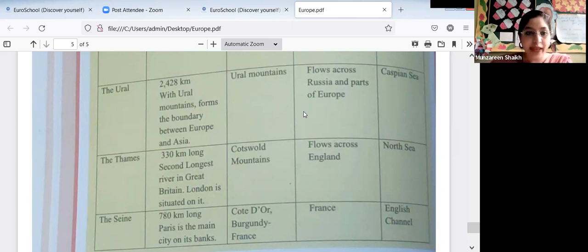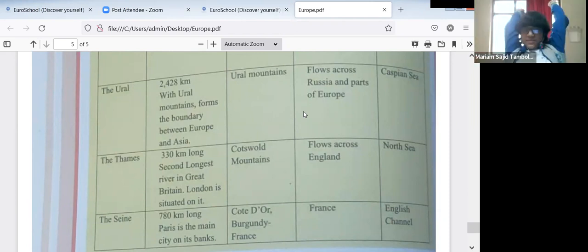And if you get a question to write a short note, for example on the river Ural, or the previous rivers which we had done, you can include all these 5 points and frame your own short note answer.